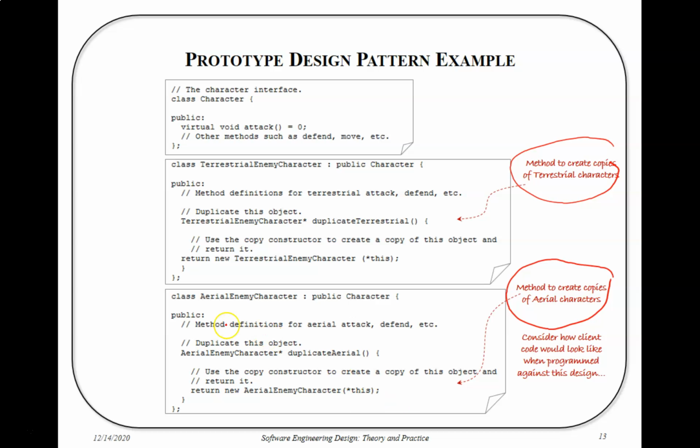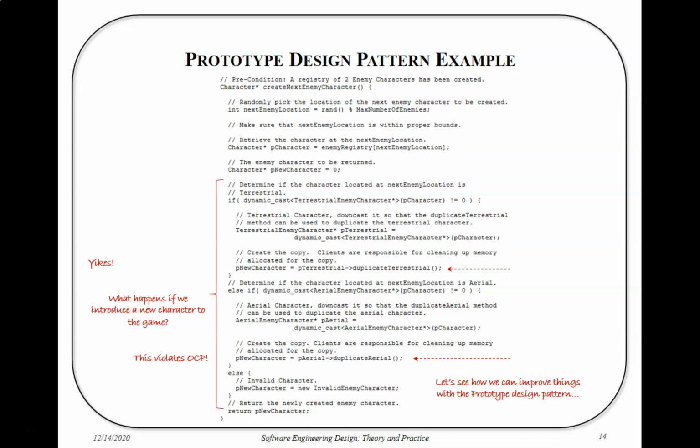Okay? So we can add the methods that implement the character interface. So we have a return new aerial character, and then we refer to this to copy the current object. Okay. However, let's say we need to add a new character, for example, an aquatic character.